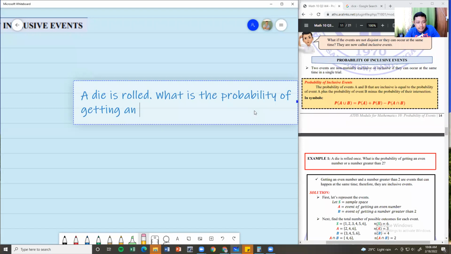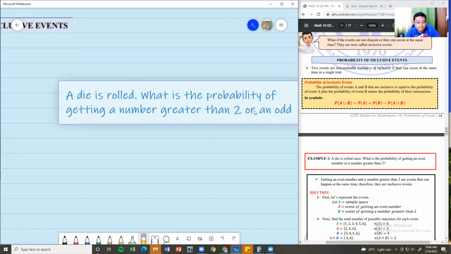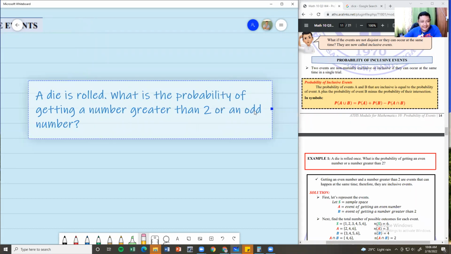Even number. A number greater than 2 or an odd number. Ayan.